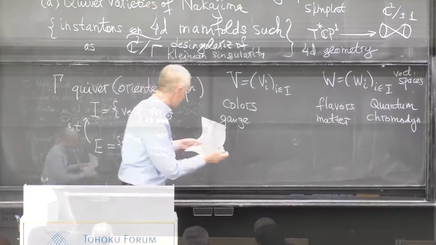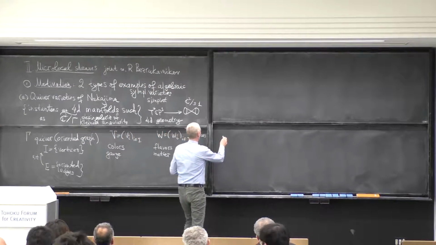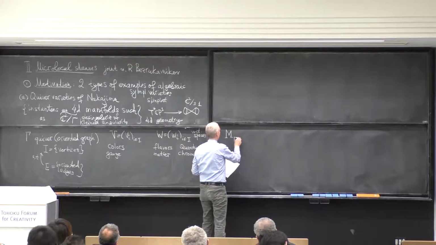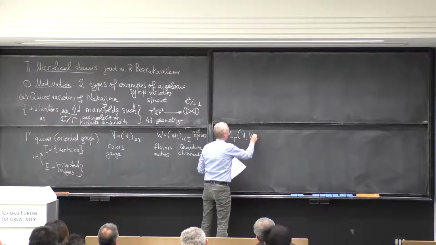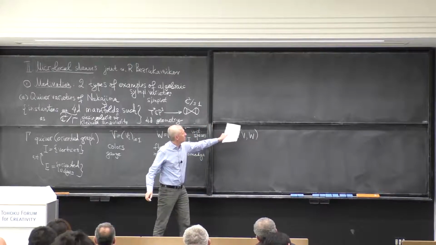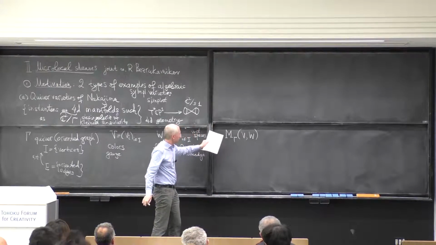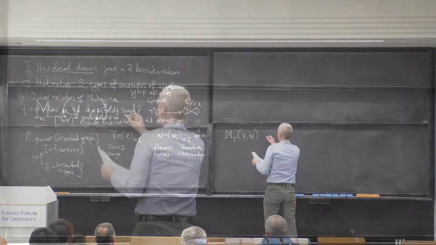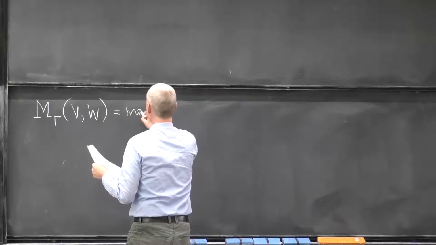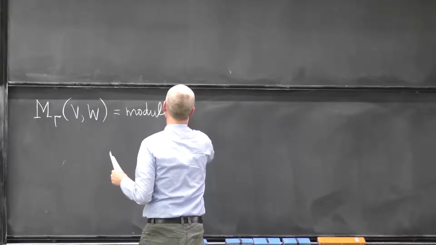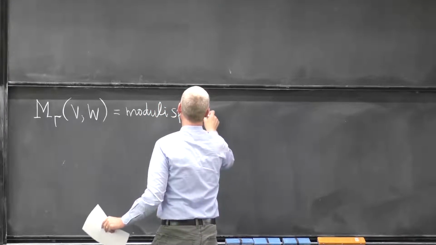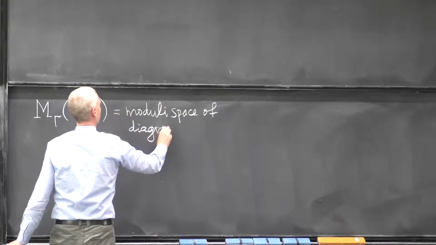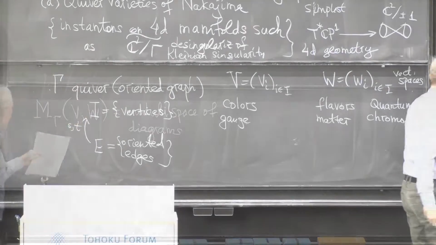So what we consider, we form the quiver variety M gamma of V, W, and possibly there are some other data which let me not write. It is a moduli space of diagrams. The diagram will be like this.